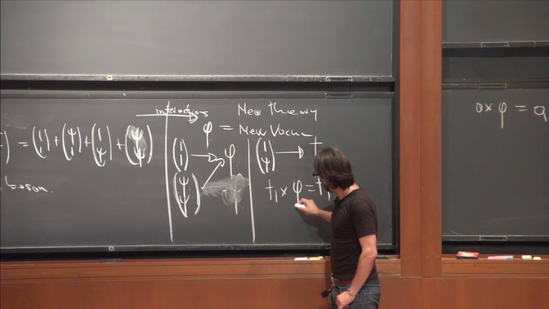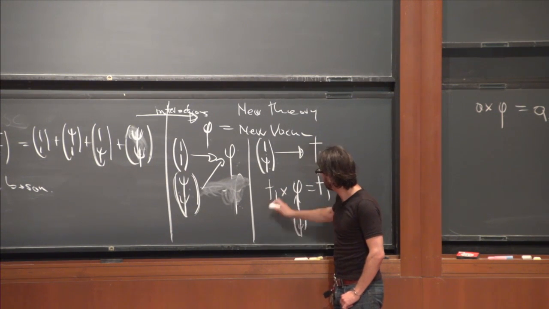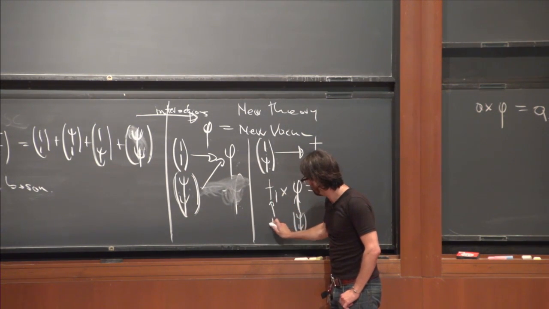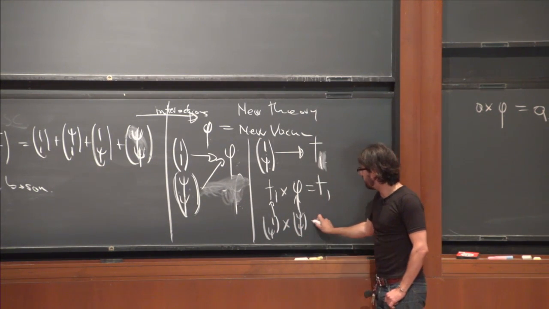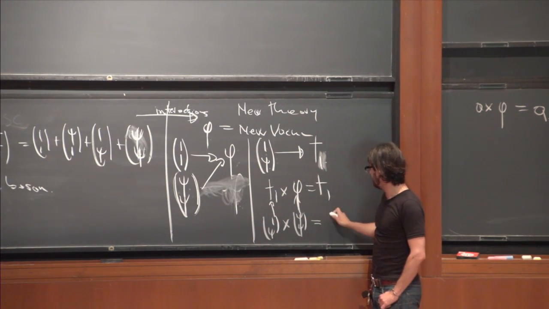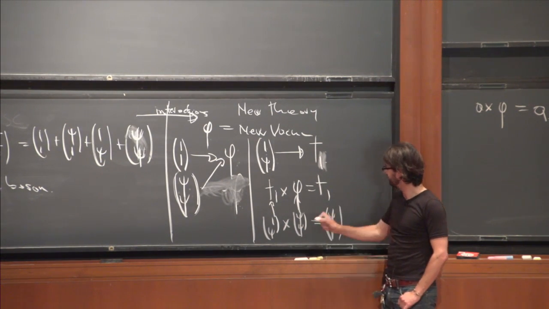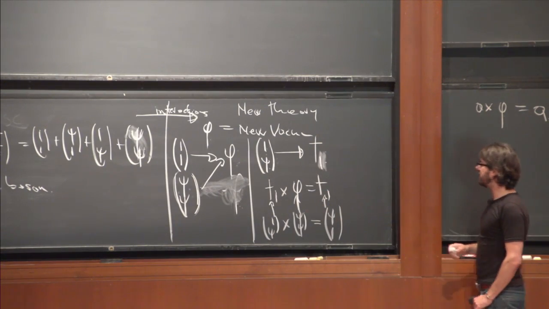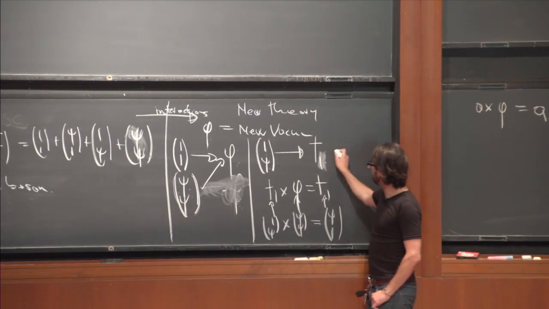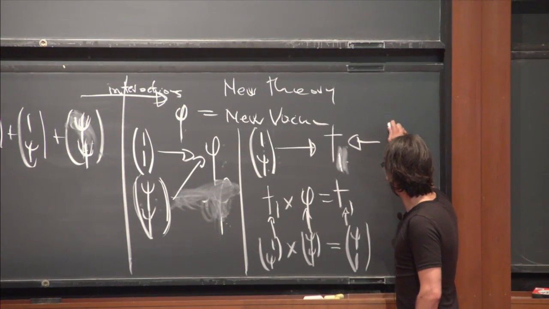So in the old theory, if I take psi, psi, and 1 psi, and multiply them, look what happens. 1 times psi is equal to psi. Psi times psi is equal to 1. So now I've got to identify with this new particle T1 both 1 psi and psi 1.